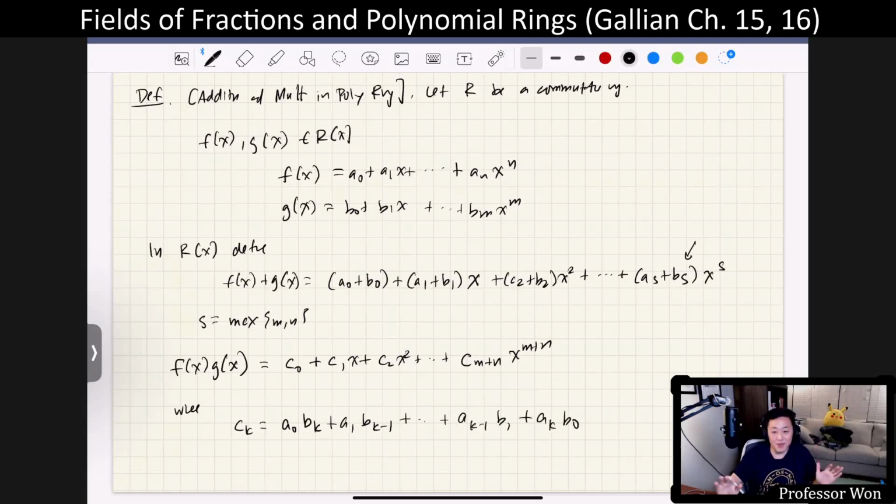Okay, this is the normal definition of multiplication in a polynomial ring, where basically you do it term by term, and then you collect like terms, and that's the coefficient that you get on the powers of x.